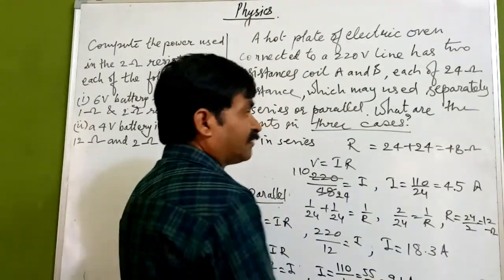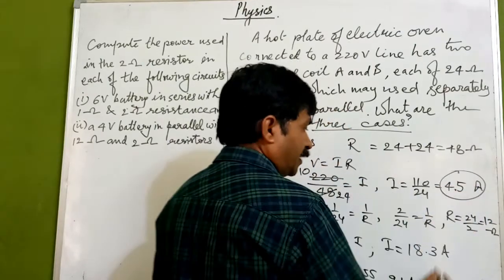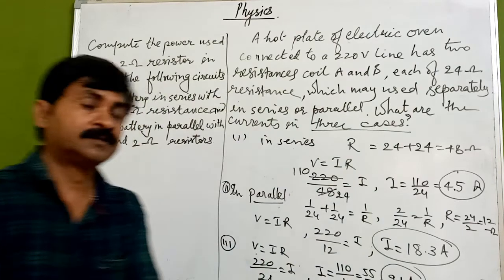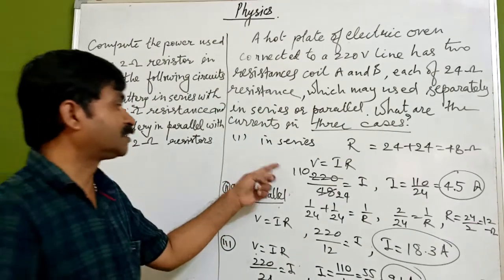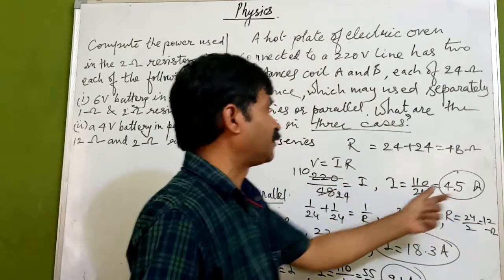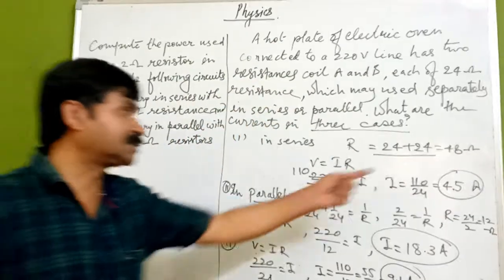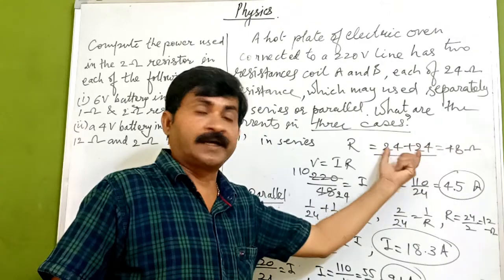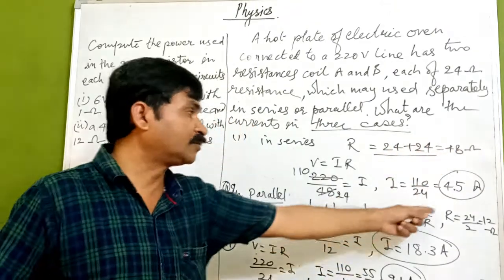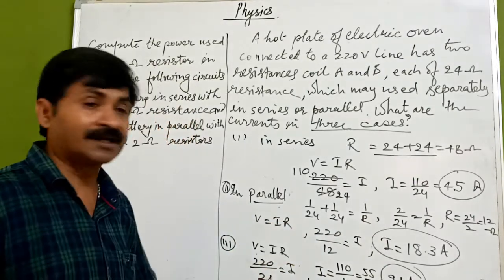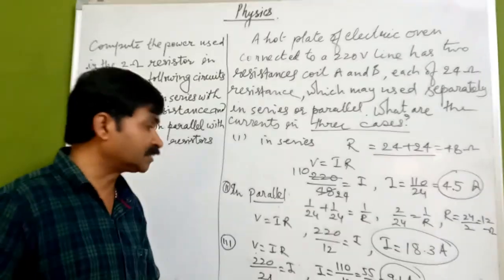So here what we have got? We have got these three values: 4.5 ampere, 18.3 ampere, and 9.1 ampere. When we are connected in series, we are getting 4.5 ampere because the resistance is more. When resistors are connected in series, they give more resistance, 48. Here in parallel it is going to be half, half of 24. And here only the individual resistance which we are using, that is 24.